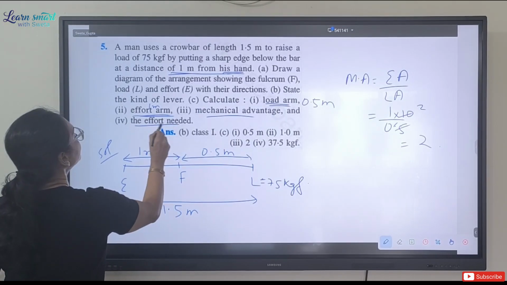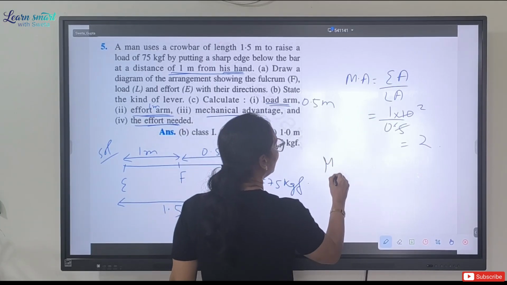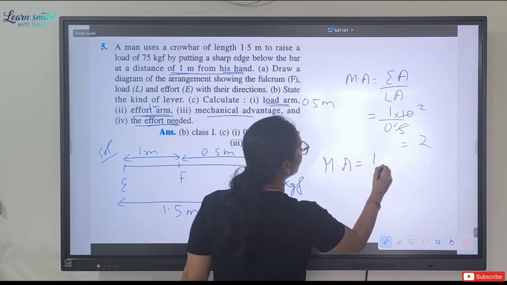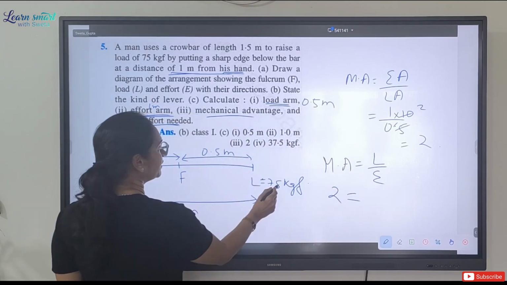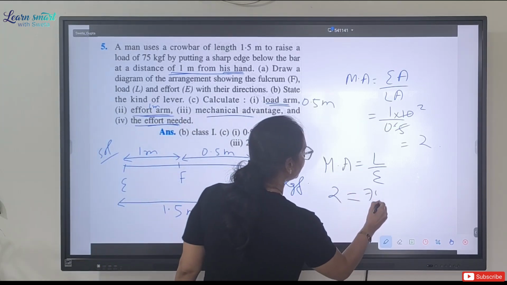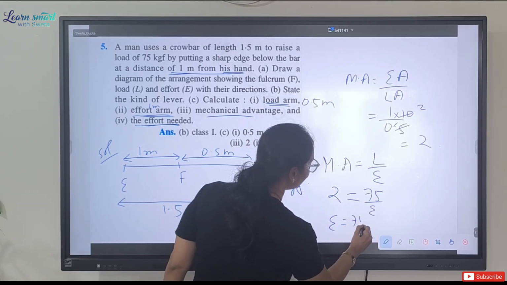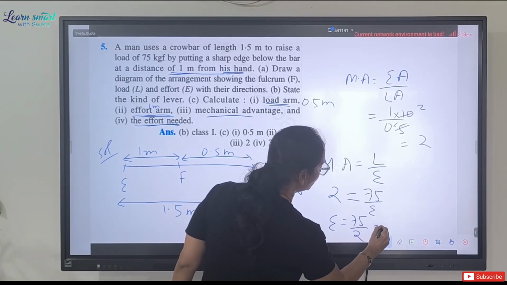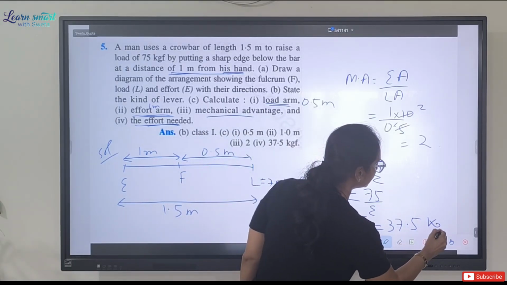And now effort needed, we also have to calculate the effort. So we will apply that mechanical advantage is equal to load upon effort, which means 2 is equal to 75 upon effort, as the load was given to us. So effort will be 75 upon 2, which is 37.5 kgf.